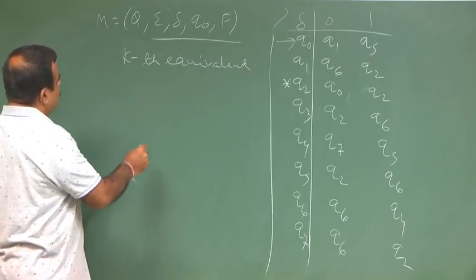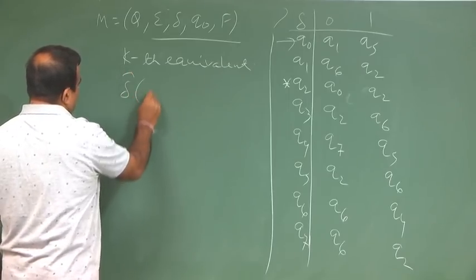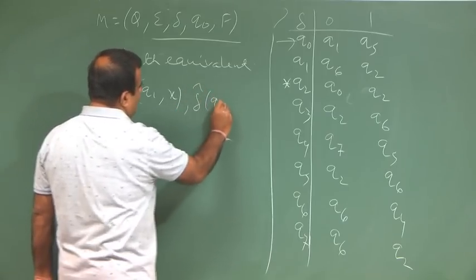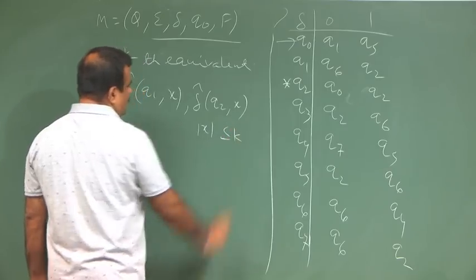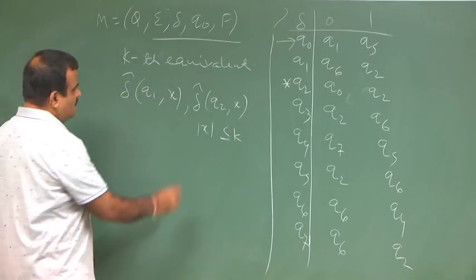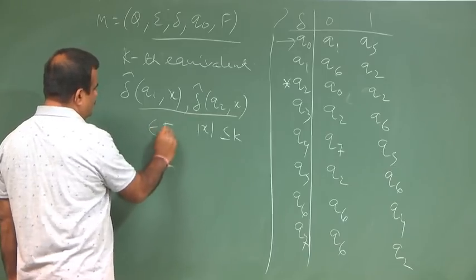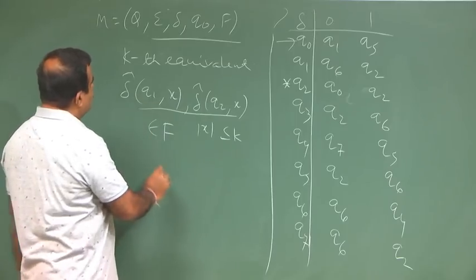So, for that what we did is this. If delta hat of q1, x and delta hat of q2, x, where x is of length k, both go to the same kind of state, accepted or rejected, then we say they are kth equivalent.